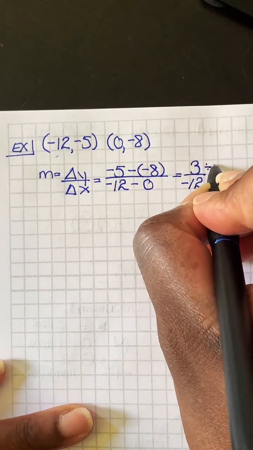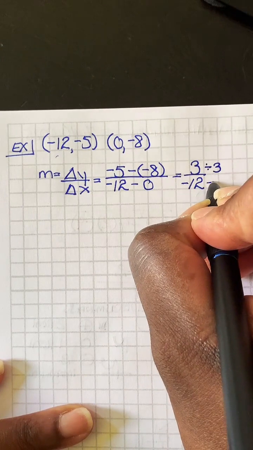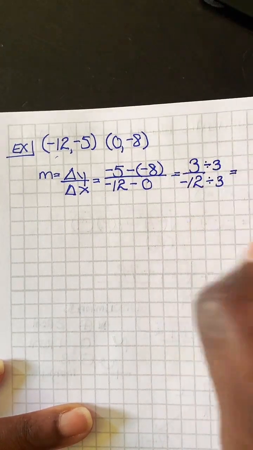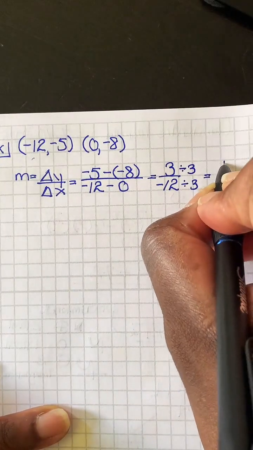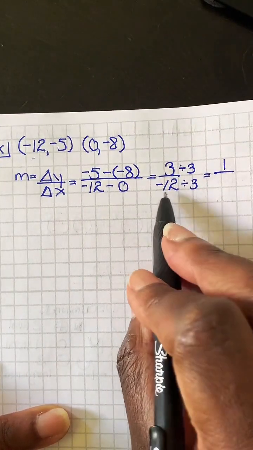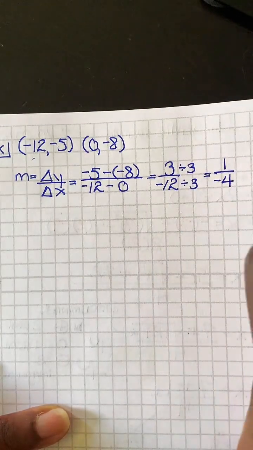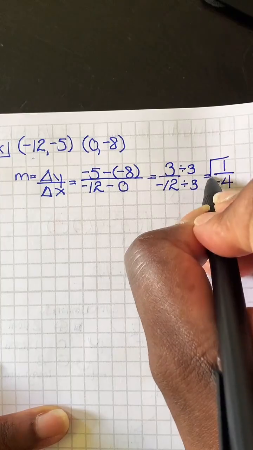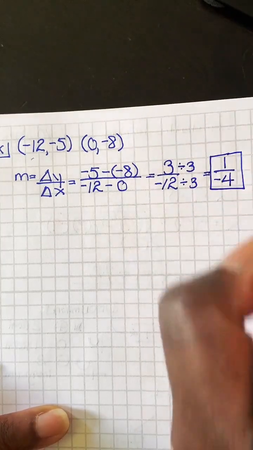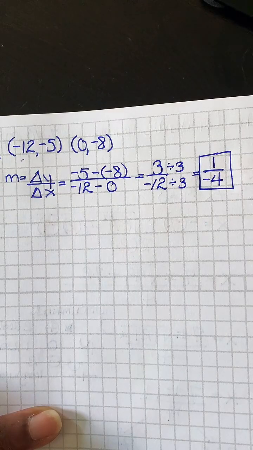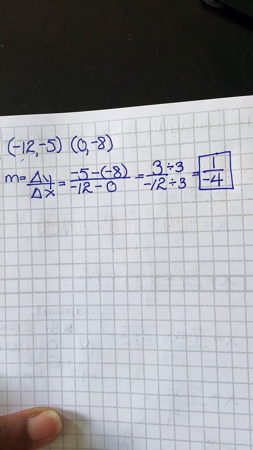So if I divide the numerator by 3 and I divide the denominator by 3, 3 divided by 3 will give me a 1, and -12 divided by 3 will give me a -4. So this is going to be my rate of change, my slope. There you go. All right, awesome. So -1/4, yes. Good.